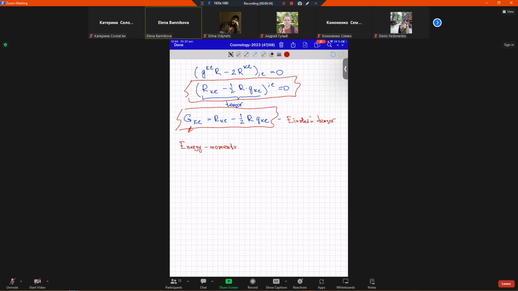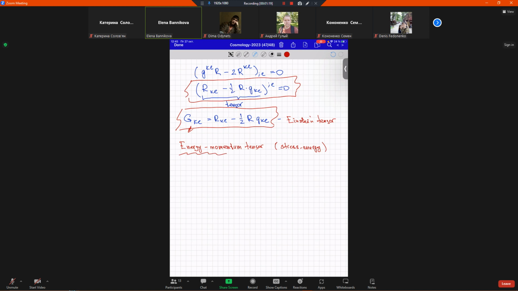You can find different notations of the name of this tensor. Sometimes it's also called stress energy, or stress energy momentum tensor, like this.